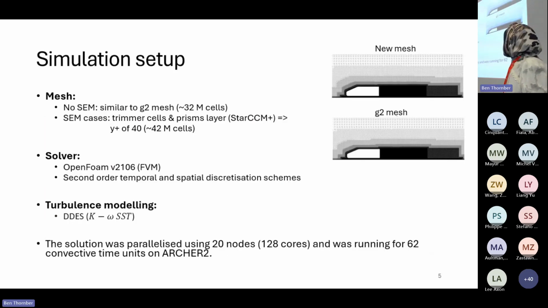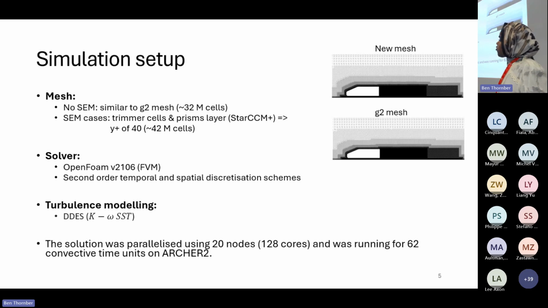Now, the mesh we've used is similar to G2 for the case without the SEM. It's exactly the G2 mesh that was provided, around 32 million cells. When we apply the SEM, we truncate the geometry, but the mesh is higher because we needed to refine the mesh slightly in the upstream box.